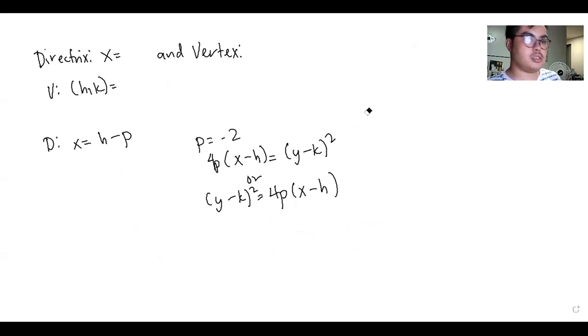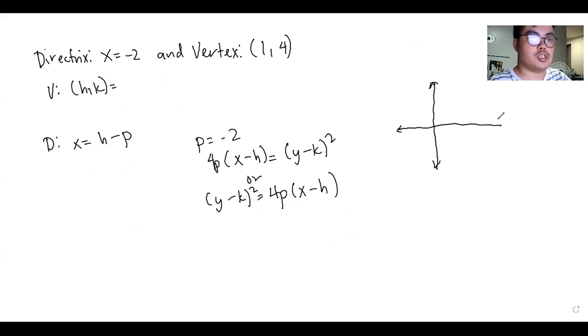Okay, so what are we going to do here is, if our directrix is x equals negative 2 and our vertex is, shall I say, 1 and 4. Okay, so can I draw here? So keep in mind that the x is negative 2. So ibig sabihin, vertical ang directrix natin. Then our vertex is 1, then 4. So ito po yung vertex natin.